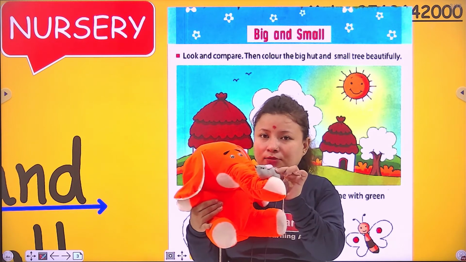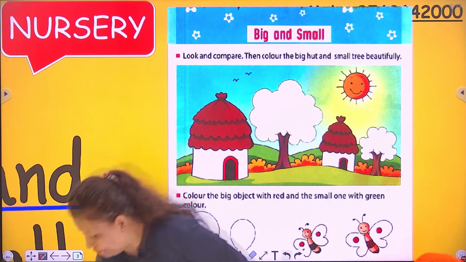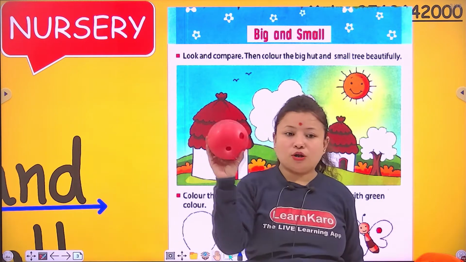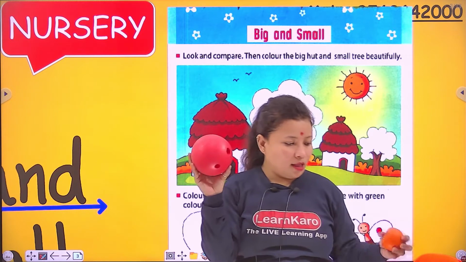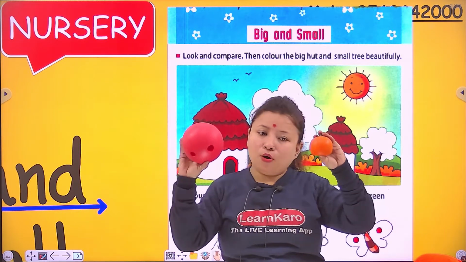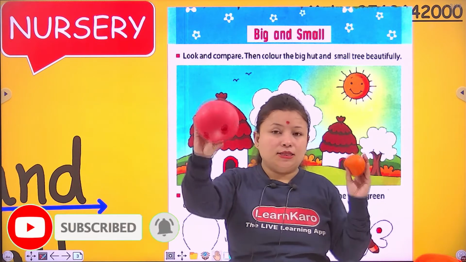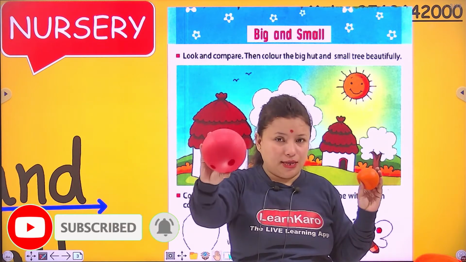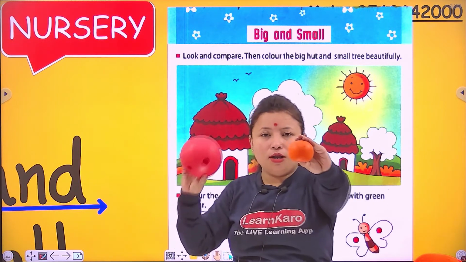Is it true? And next I have, what is this? Ball. And this is ball. So what is the difference? This ball is big and this ball is small.